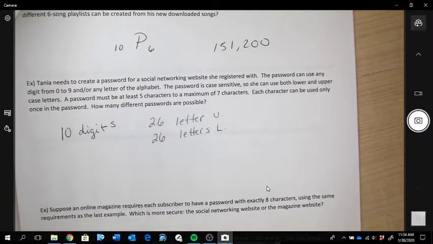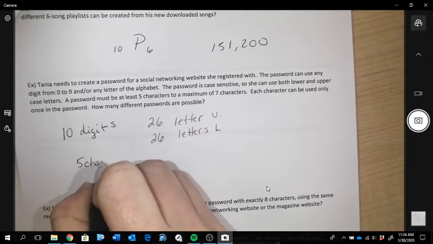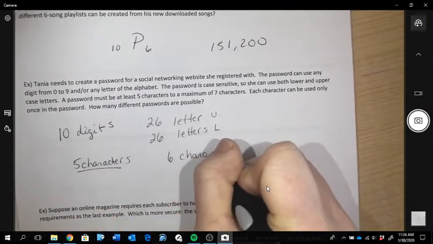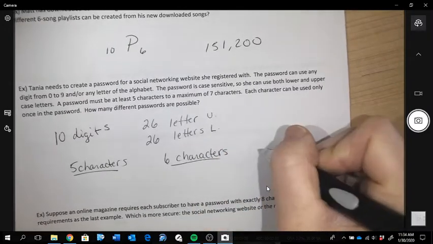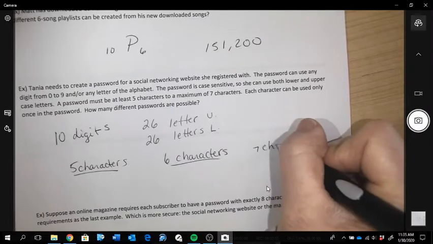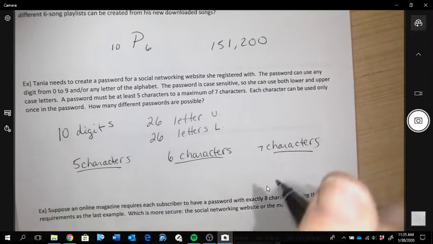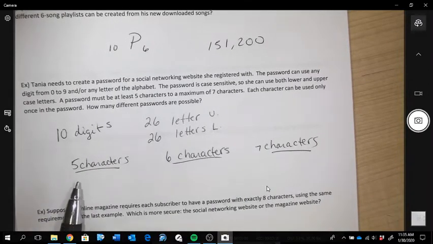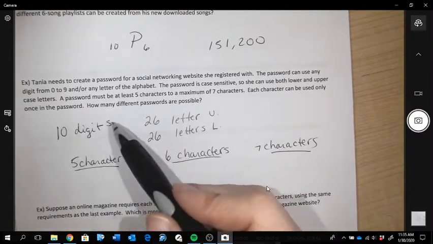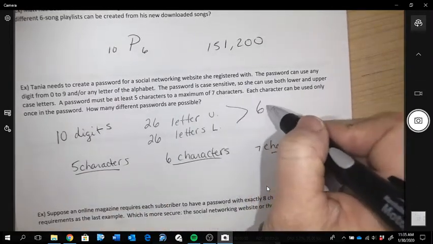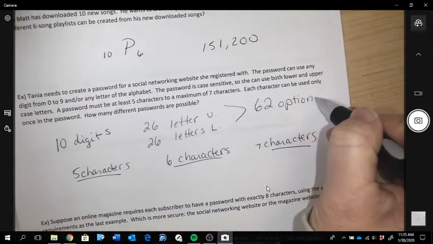Okay, so we are going to do different cases here. So let's talk about the situation. So the password could have been 5 characters long, 6 or 7. Okay. So we have 52 plus 10, 62 options to use.